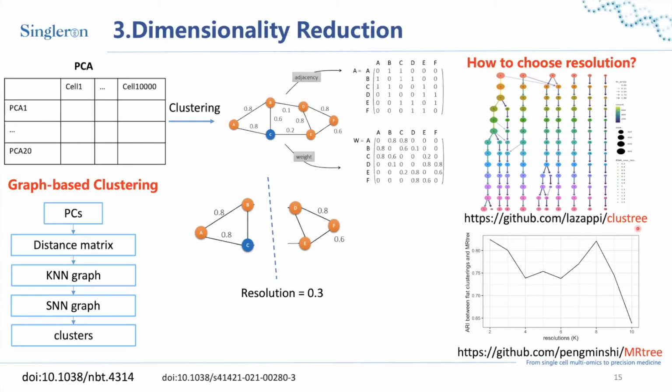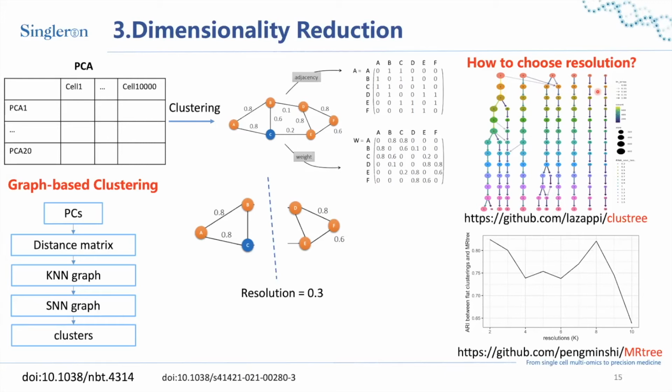For example, here is a tool called clustree, and it will build a clustering tree for a sequence of resolutions from very low to high, and you will see how the clusters change from lower resolution to higher resolution. For example, here this cluster at 0.1 will be separated into 2 clusters at 0.2 resolution. Based on this, you can get some suggestions for which resolution you should choose.